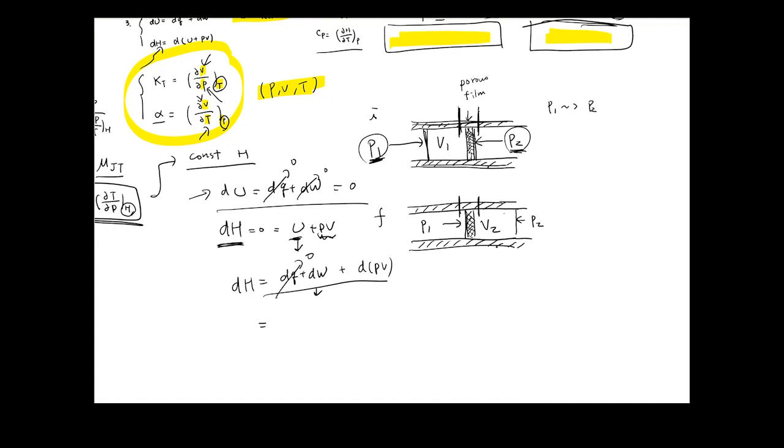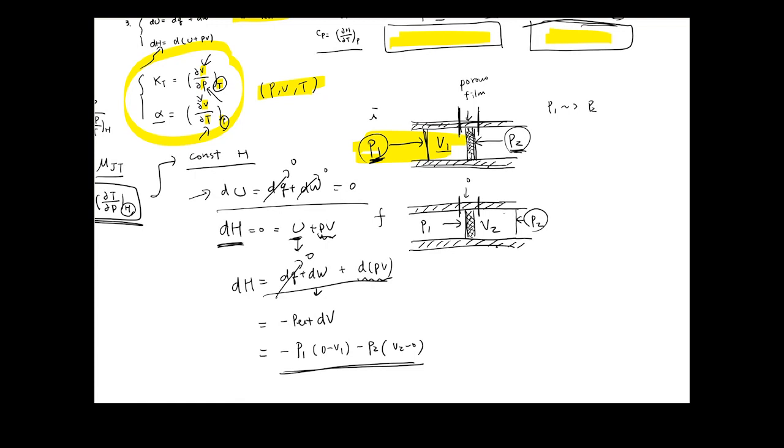So we know that dW is going to equal negative P external dV. In the beginning, the work done is negative P1 times the volume change. Volume change goes from V1 to 0, so 0 minus V1. On the other side, the pressure is P2, right? Final volume is V2 minus 0.